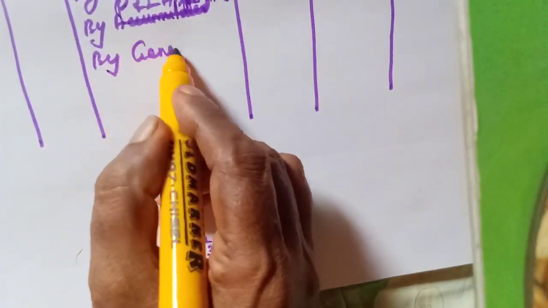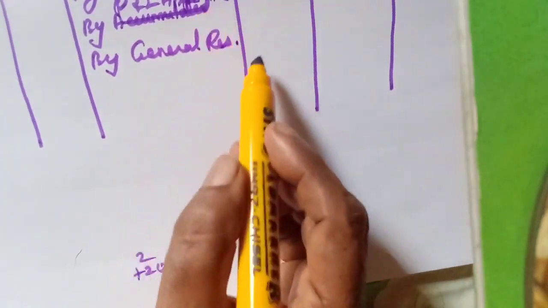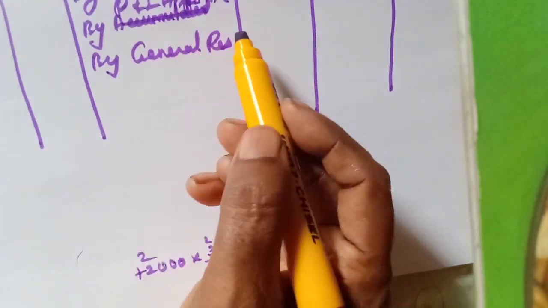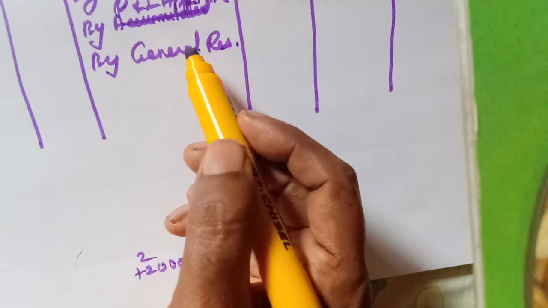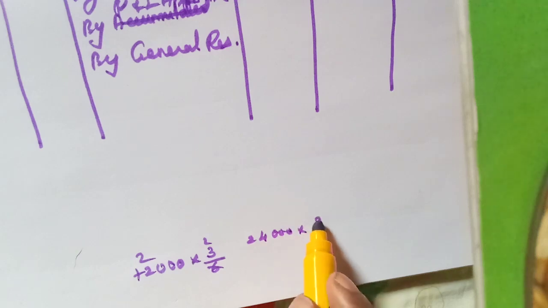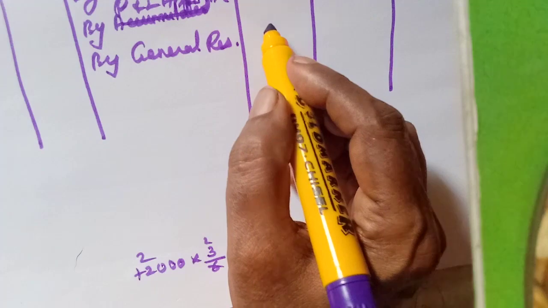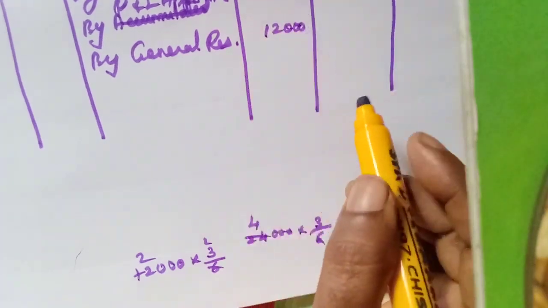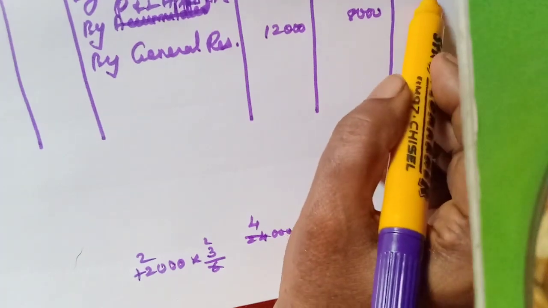Then next one, general reserve. In the journal entry we combined all the amounts and wrote them, but here we need to show them separately. General reserve 24,000. Double the amount we will get: 6, 4. 4 into 3, 12. Then 4 into 2, 8. 4 into 1, 4.